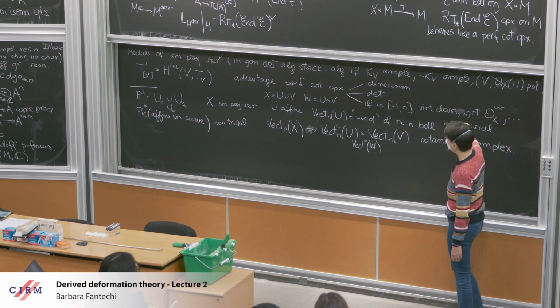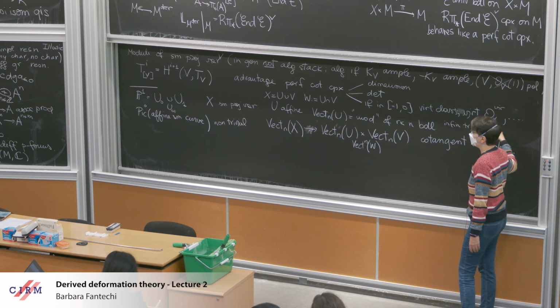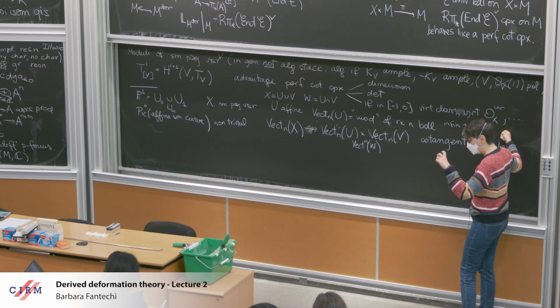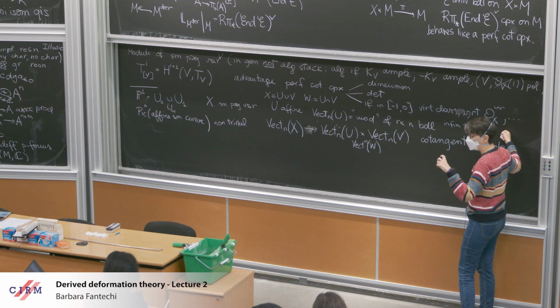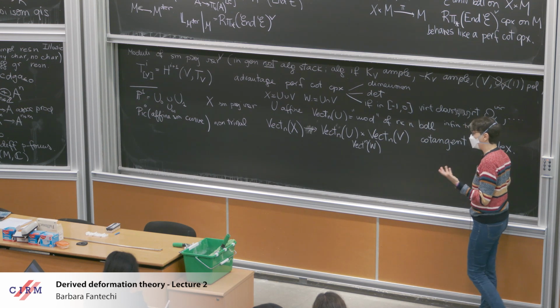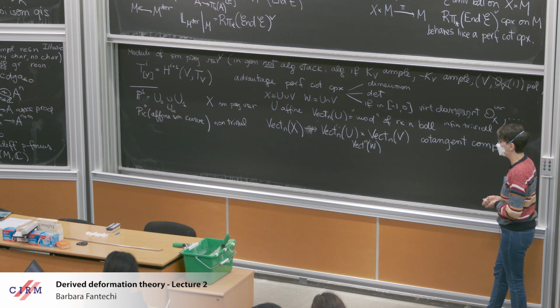You see, I told you that here it's infinitesimally trivial, but this is not quite true, because there is one bit which is not trivial, which is the H0 of the endomorphisms, which is not only not trivial, but extremely big.